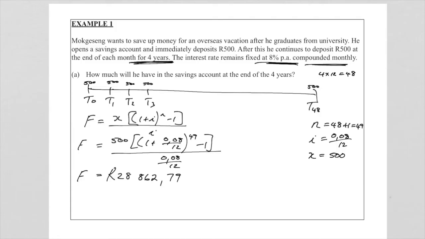So this is what he saved over the 4-year period. So he started immediately. So he made 49 payments, 500 Rand a month, and after the 4 years, the fund will be 28,862.79. Let's now look at the B part of the same question.